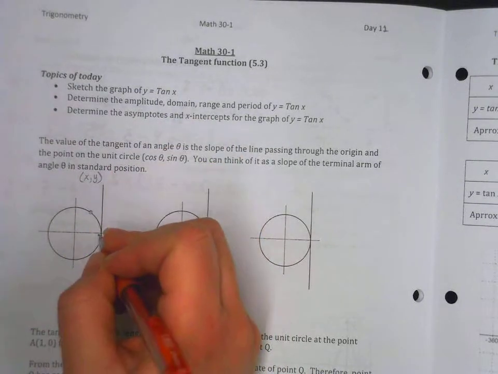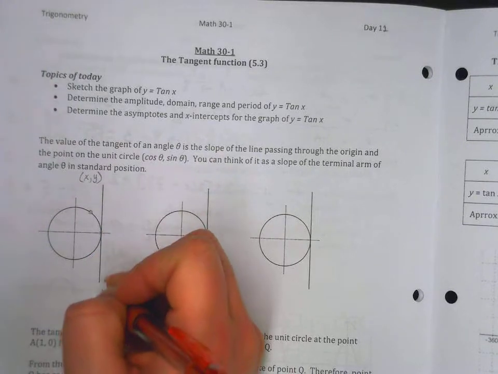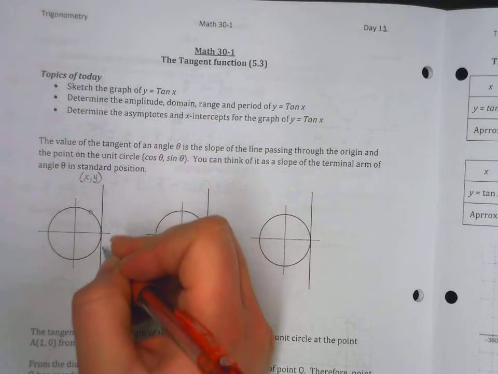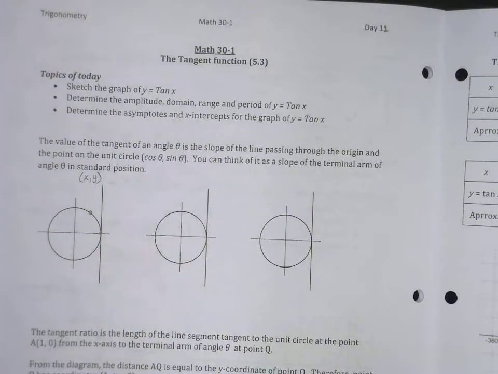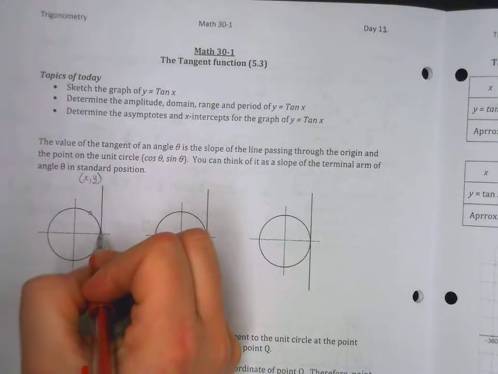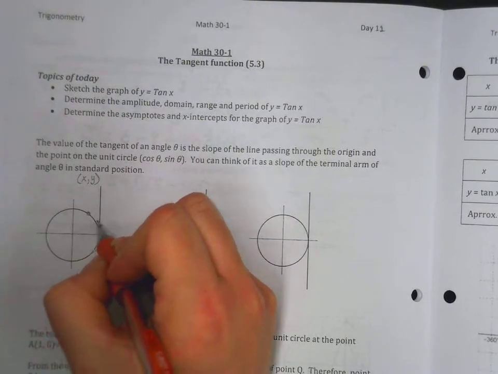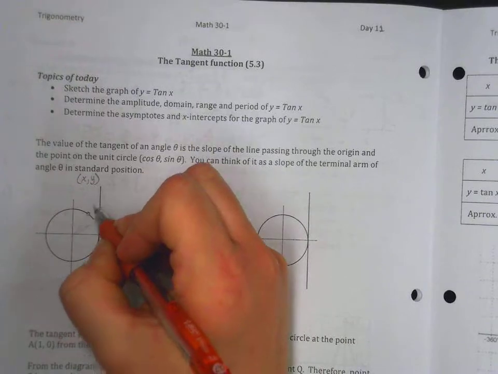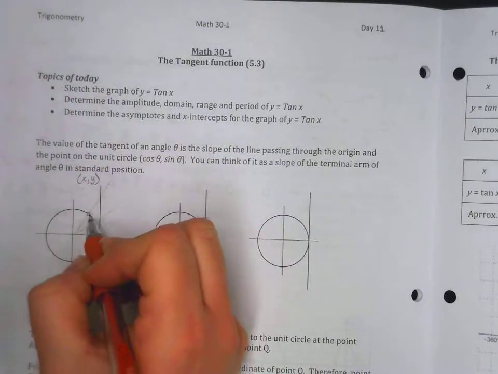So when we think about rotating around this unit circle, what we end up getting is this terminal arm. And if we extend that terminal arm, it's actually crossing this tangent line at a certain point.